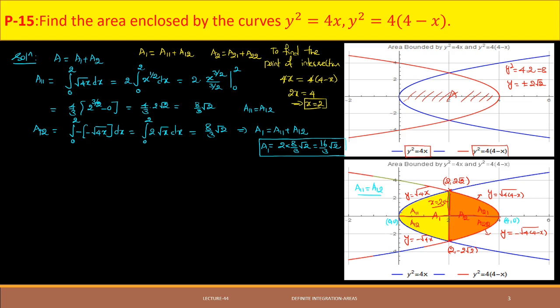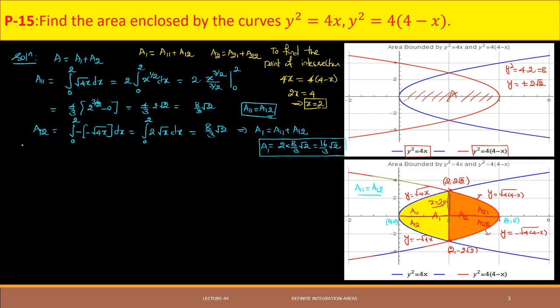So the upper part is clearly the reflection of the lower part. So the area covered by the upper part is same as the area covered by the lower part with the x-axis. So because of the symmetric nature, we have got A11 is equal to A12.